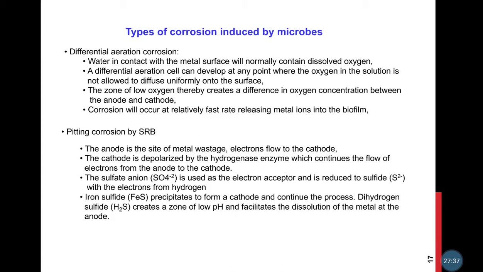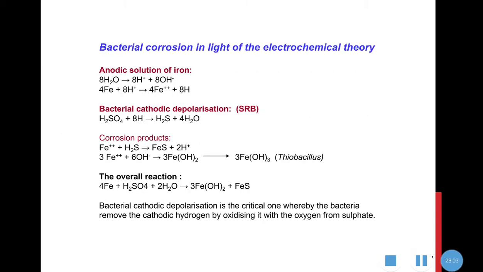The cathode is depolarized by the hydrogenase enzyme, which continues the flow of electron from the anode to cathode. Okay. The sulfate and iron is used as the electron acceptor, and it reduce the sulfide with the electron from oxygen. Ini diceritakan dalam ni tadi.